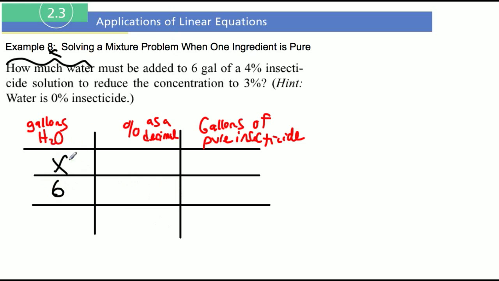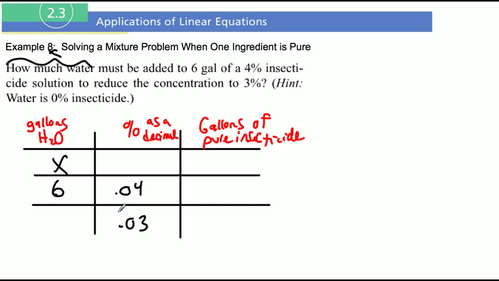So how much water should be added to, now we go to the other barrel that we have, a 6 gallons of 4%, so 0.04 insecticide, to reduce the concentration to 3%, so 0.03. So how much water should you add to a 6 gallon with 4% insecticide solution to reduce the concentration to 3%?